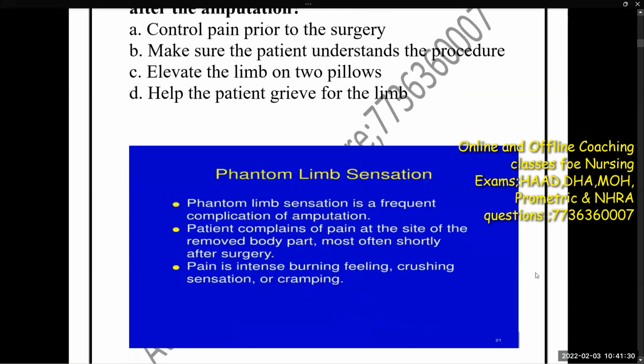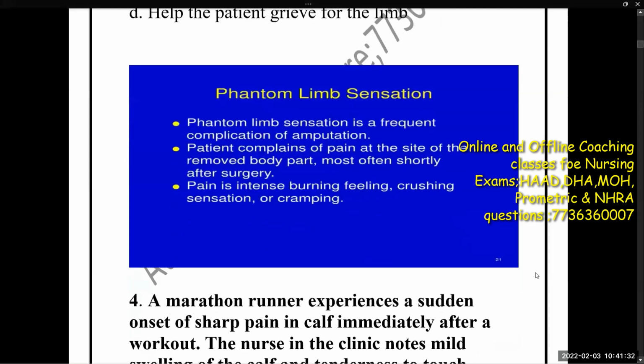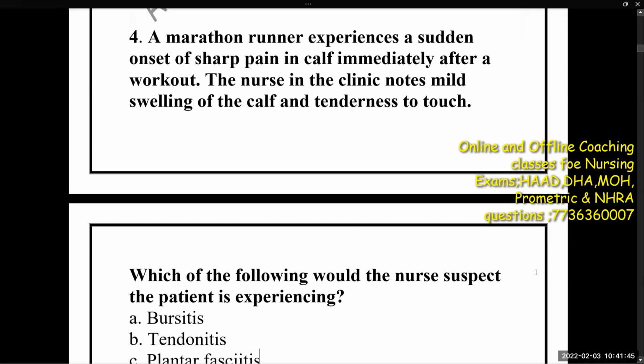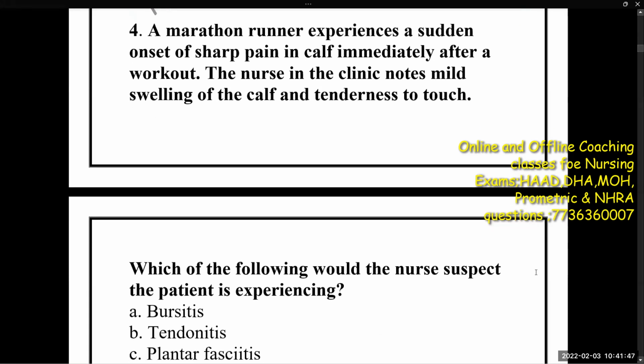A marathon runner experienced sudden onset of sharp pain and cough immediately after a workout. The nurse in the clinic notes mild swelling of the calf and tenderness to touch. Which of the following would the nurse suspect the patient is experiencing? Sharp pain of calf after workout.